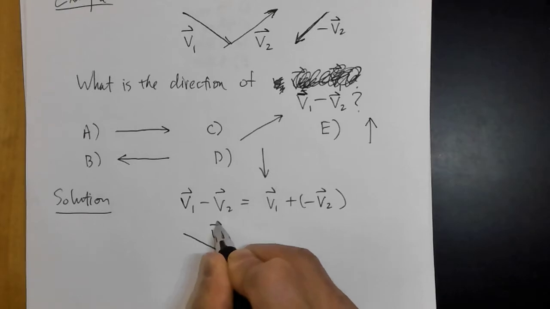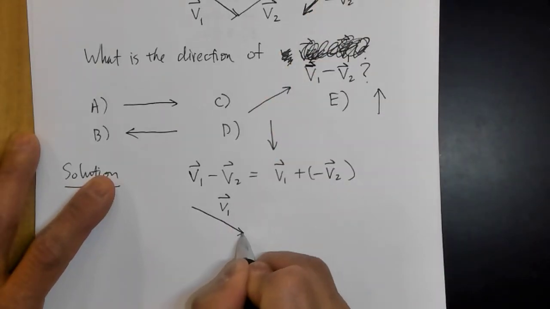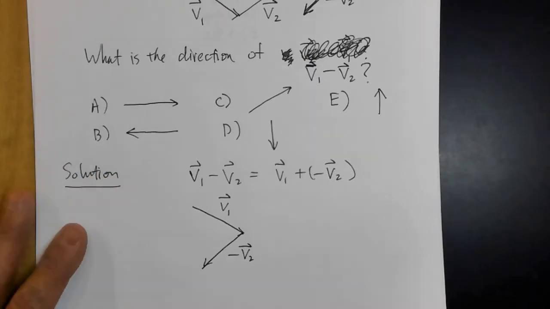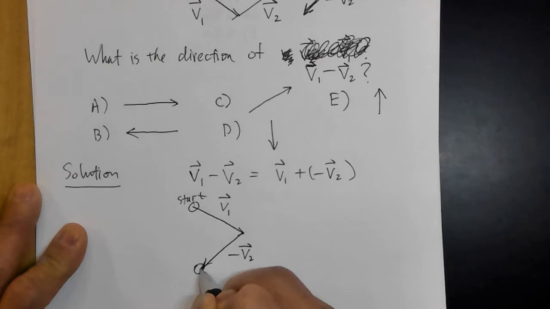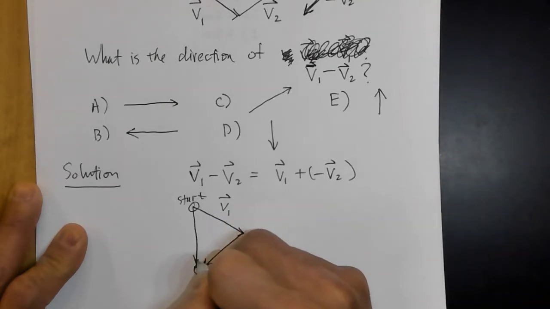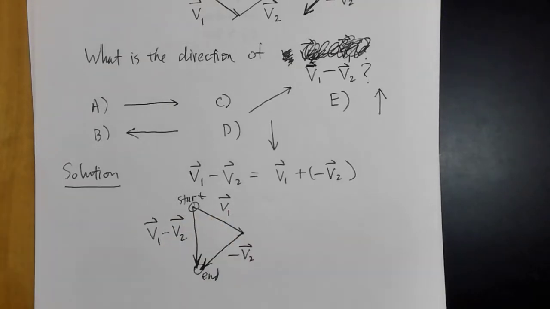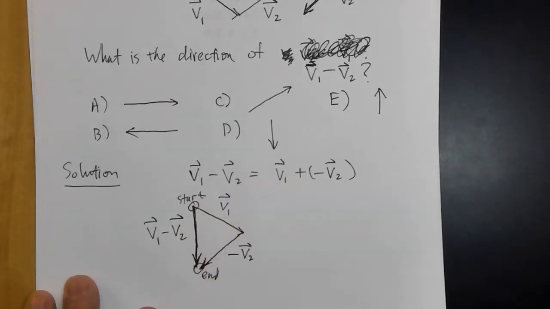Then I draw my negative V2 starting from the tip of V1. Then I take the start and go to the end, and that will be my vector V1 minus V2. And that's the one we wanted. Any questions about this?